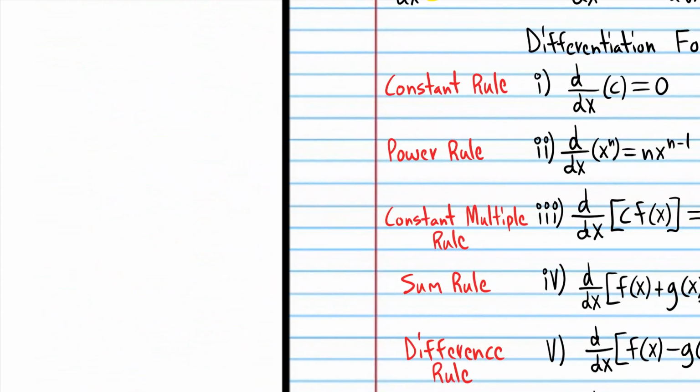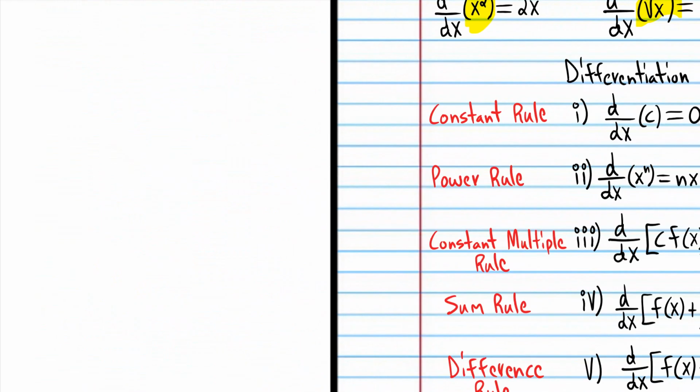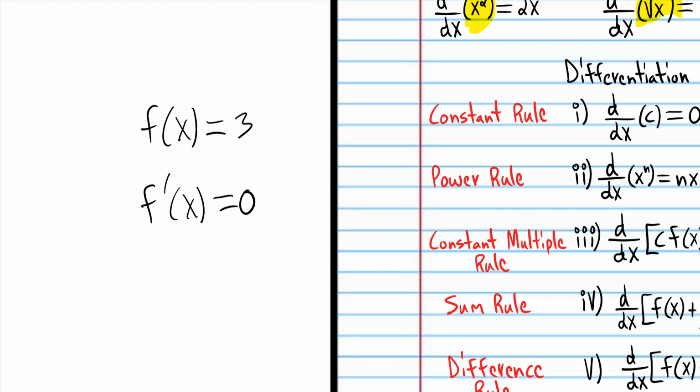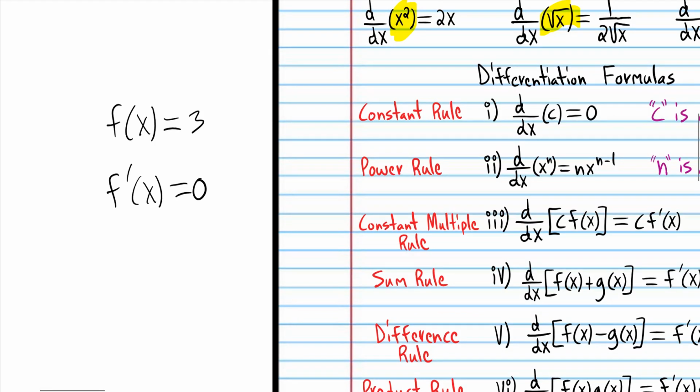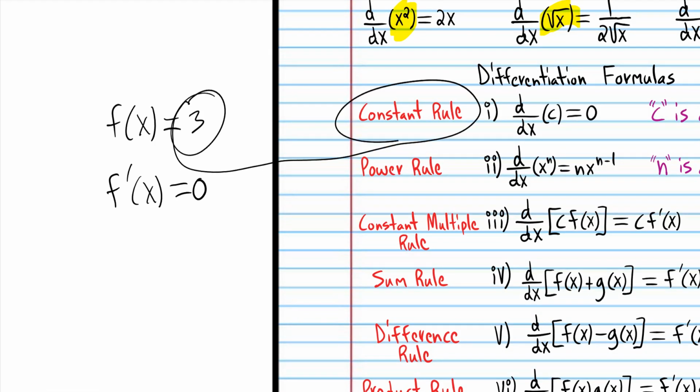But real quickly, just to explain, let's say that f of x is equal to some constant like 3. Then the derivative would be 0. The derivative of a constant is always 0. That's differentiation formula number 1.